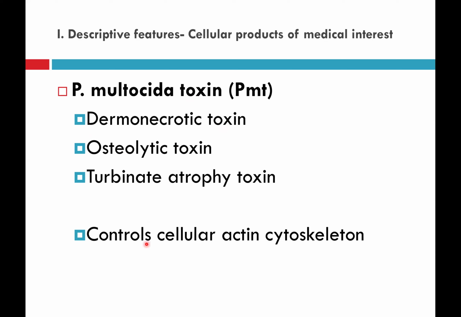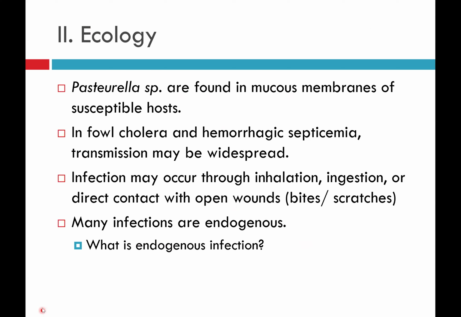Mostly what it does is it controls the cellular actin cytoskeleton. So what happens is that it can go into the bone and it will lyse the bone. No. So mostly this is seen in atrophic rhinitis. So we'll try to see some pathology later so you can appreciate that.